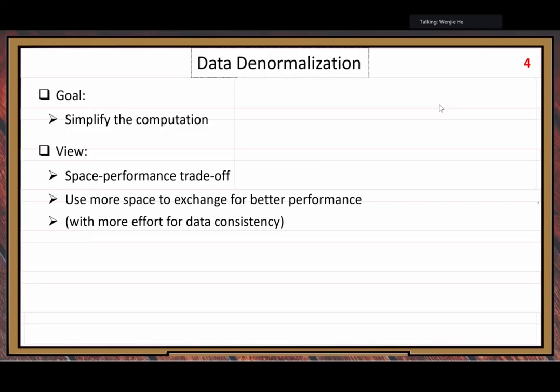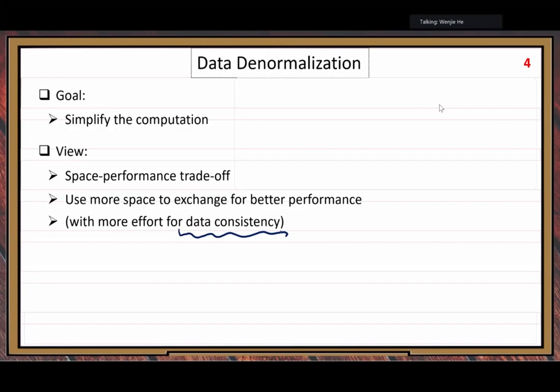Yeah, because when you do things like this, you need to keep an eye closely on your business data, make sure you have the data consistency maintained in your databases.